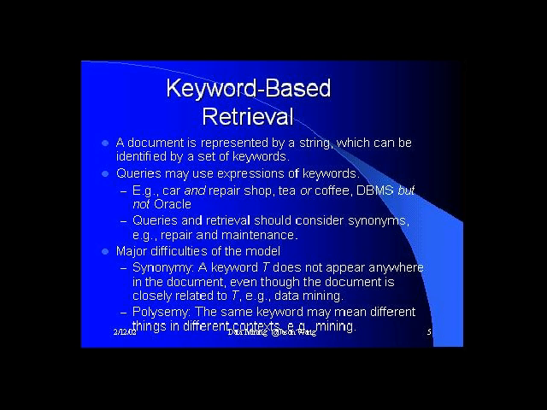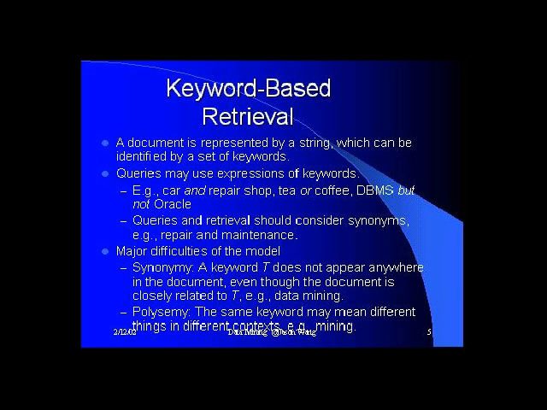So one difficulty for the keyword-based retrieval model is that it cannot handle synonymy and polysemy very well. What is synonymy? A keyword T does not appear anywhere in the document even though the document is closely related to T. For example, suppose my query is knowledge discovery. Presumably, if this document is describing something about data mining, that document should be returned to the user, right?